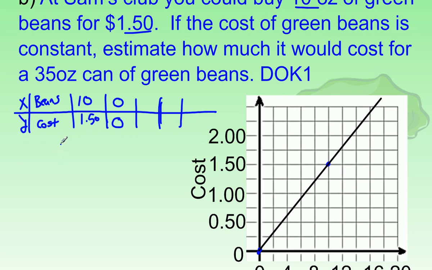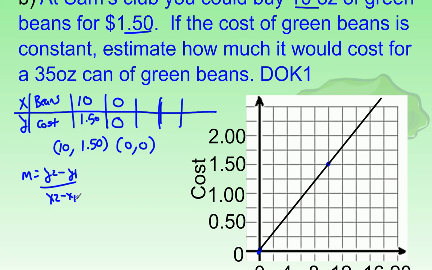So I have the point 10, 1.50 and 0, 0. Slope is y2 minus y1 over x2 minus x1. This is going to be my x1, y1, x2, y2.